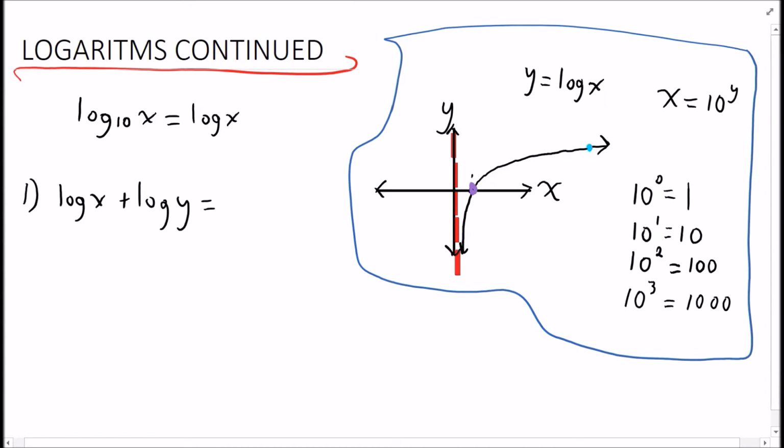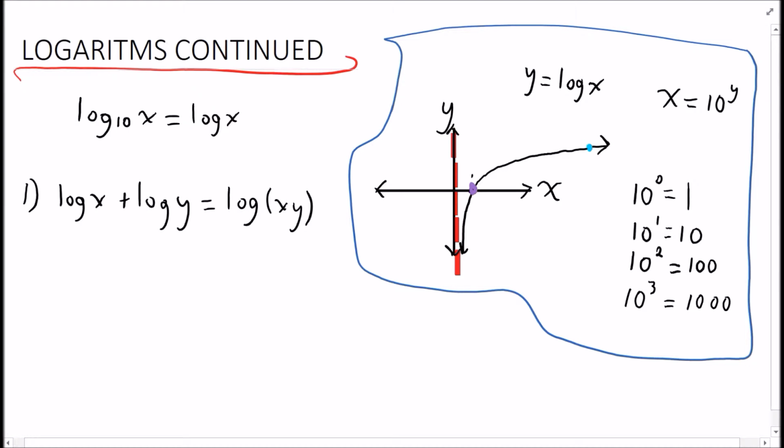Then that means that I can write this as the log of xy, meaning x times y. So that is only true when it is the same base. So log of some base and then a number plus log of the same base. So when we're adding logarithms of the same base, we can multiply the numbers and combine the log.